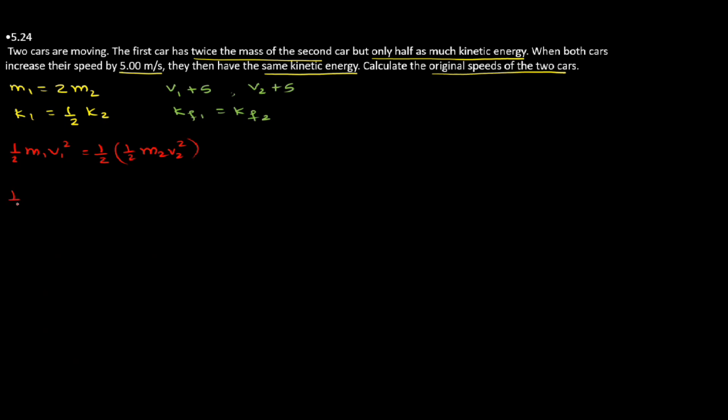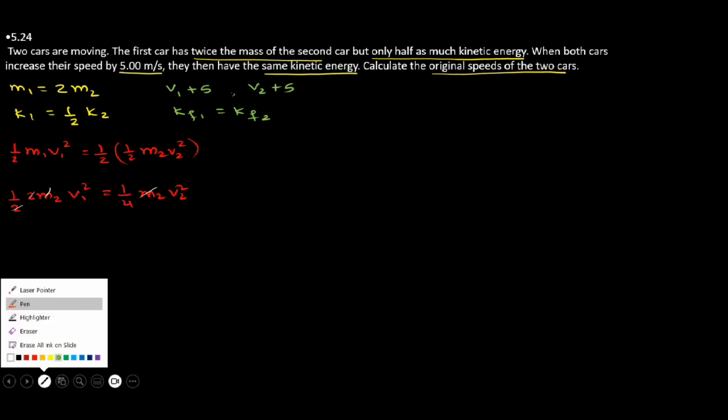Now m1 is 2 times m2, so let's write that, 2 times m2 v1 squared. Half times half will become 1 over 4 m2 v2 squared. Let's cancel the common terms here. I can cancel m2 on both sides, and I can cancel these 2's because they divide.